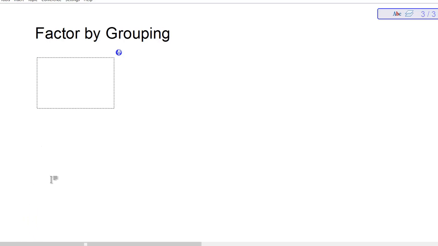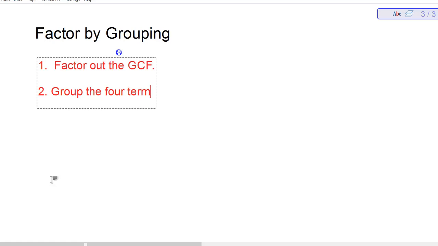So the first step in any factoring is going to be to factor out the greatest common factor. Factor out your GCF. Okay? The second step is to group the four terms into sets of two.